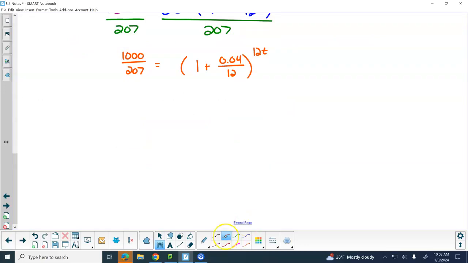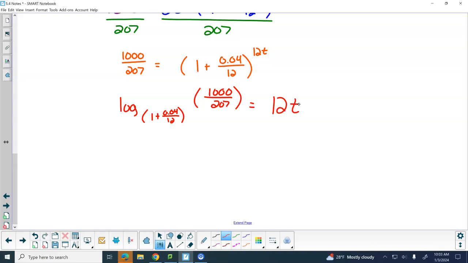So now you're going to go log, and your base is going to be that of this, and that's going to equal 12t. So now when you go to the calculator, you got to make sure that you have parentheses upon parentheses upon parentheses, so that when you type it in, you get log of 1,000 divided by 207 equals on that one.